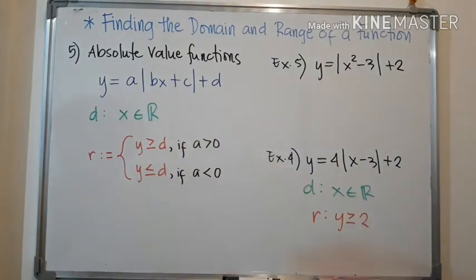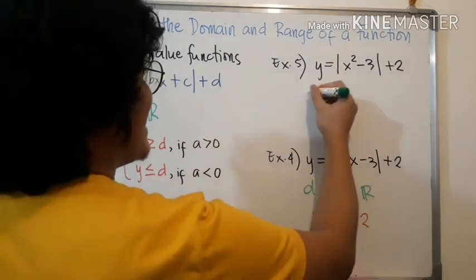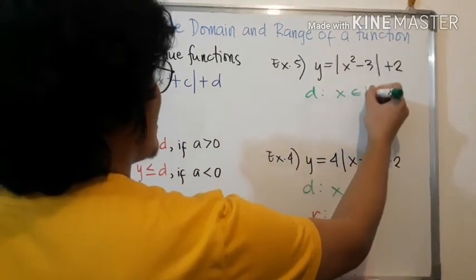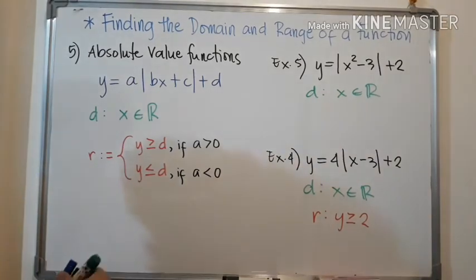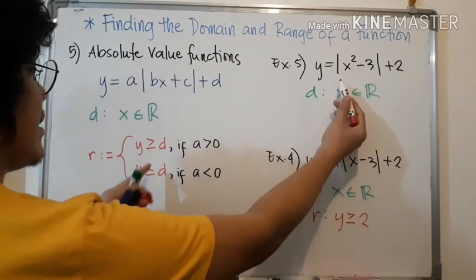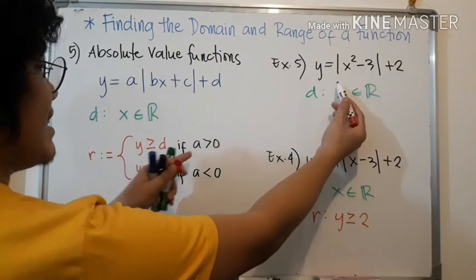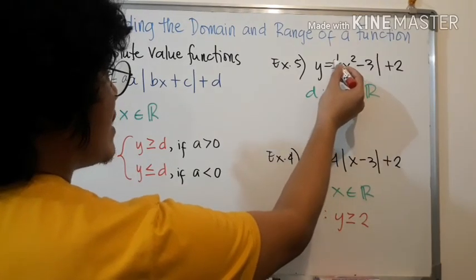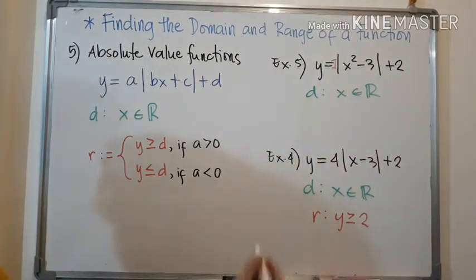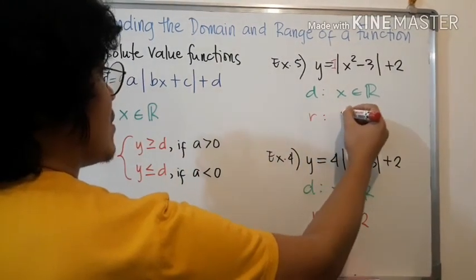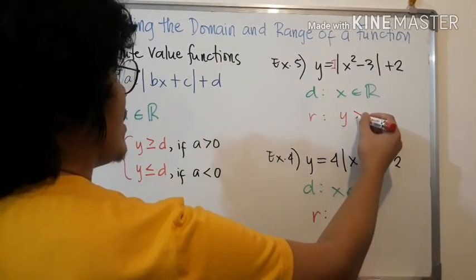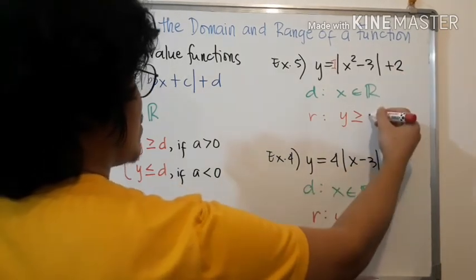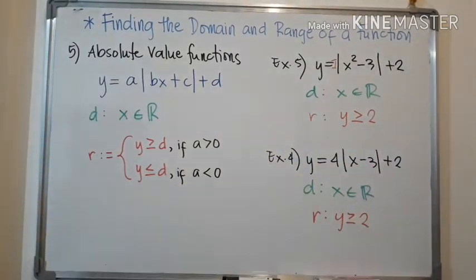So the domain is the set of all x in the real numbers. And the range, this falls under case number 1 still, since a is positive, and we know that we have an invisible 1 as the multiplier. Okay, so the range is the set of all y's greater than or equal to 2. So that's it for the absolute value function.